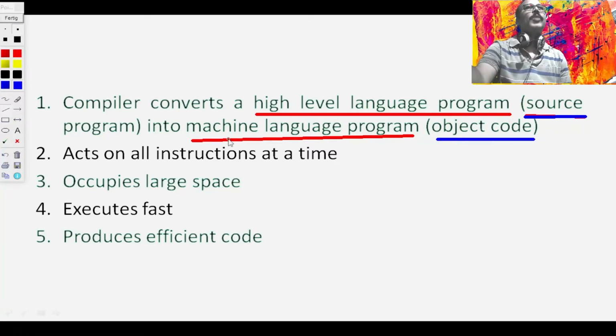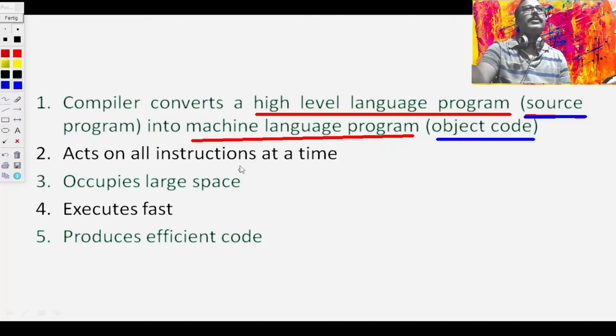Here source program refers to a program written in a programming language like C. That means a C source program will be converted into what is called object code. Object code means machine language.